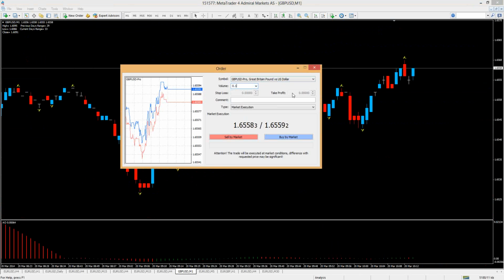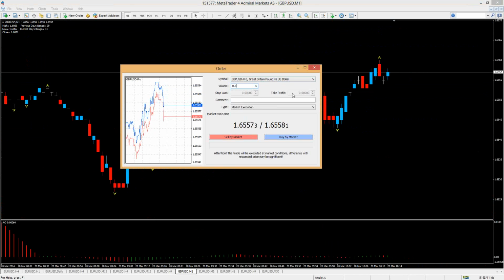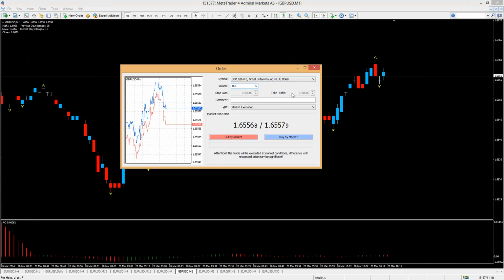It's going slow. Sorry about that. Let's just wait a few more seconds. We're bouncing back and forth here on this 1 minute chart.